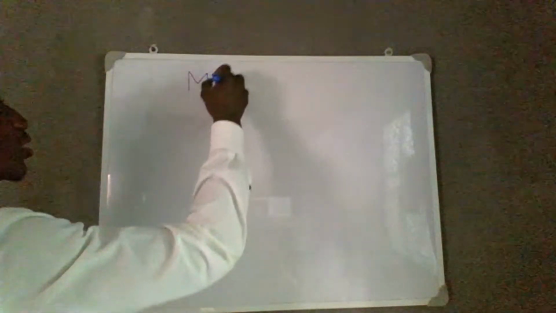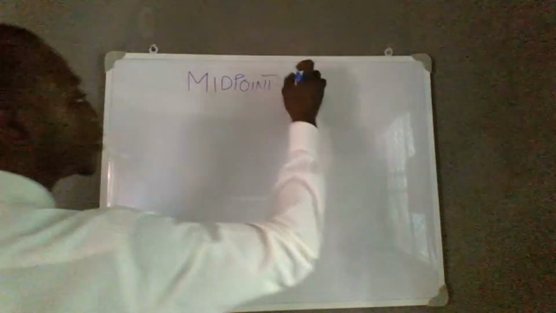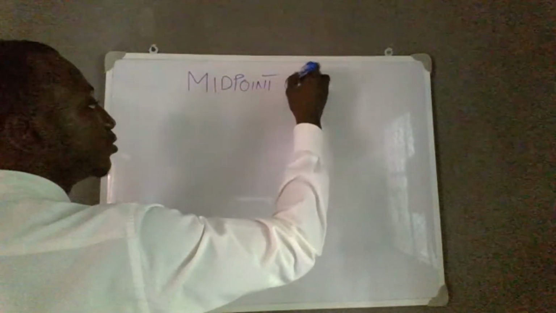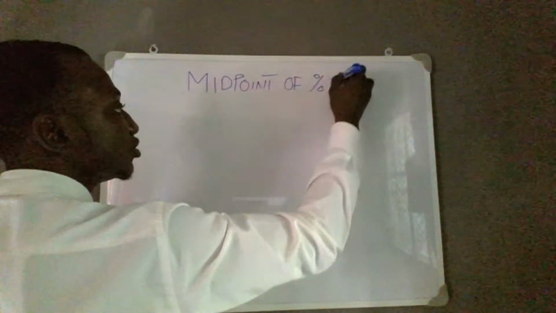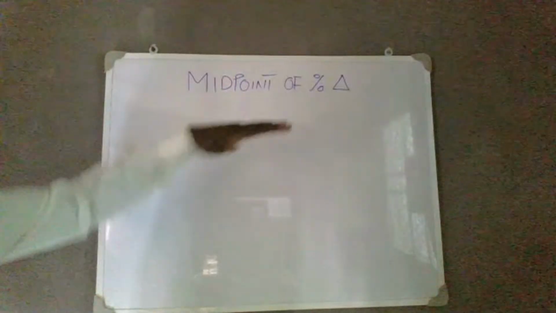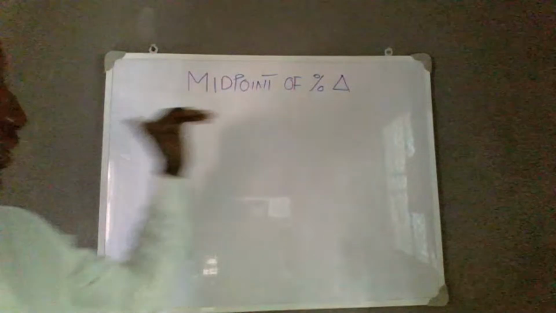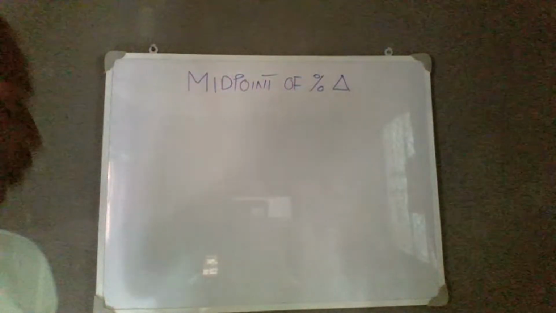So, we'll be proceeding from where we stopped, and what we'll be taking today is the midpoint of percentage change. By now, I believe we all know what this stands for, so there will be no need for me to write it in full. Just put it this way.